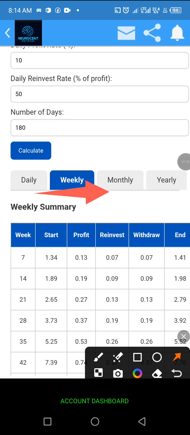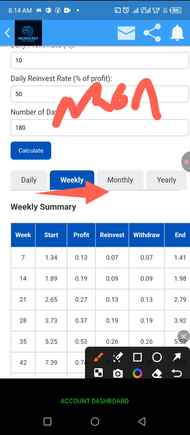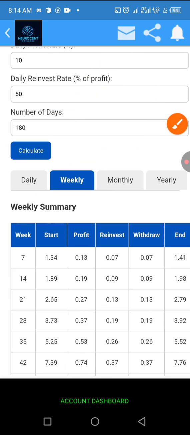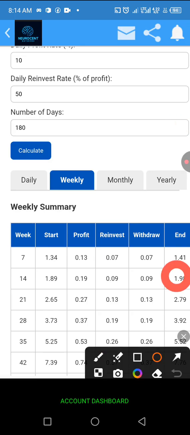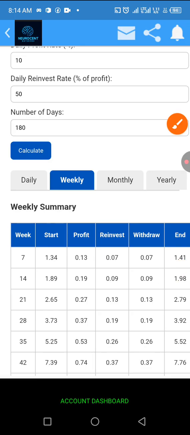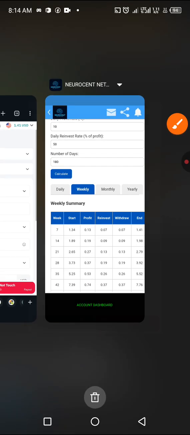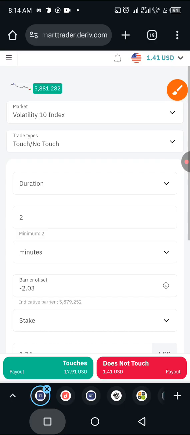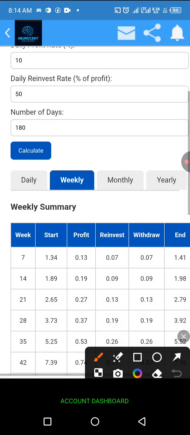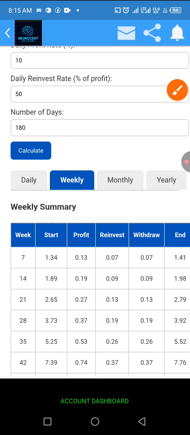We are starting a new week on Monday, and we are only trading 4 days in a week, Monday to Thursday. By end of Thursday, we should have this particular amount in the account. For now we have 1.41 because we are done for the week. By the following week, we should have 1.98. So this is our weekly progression here.